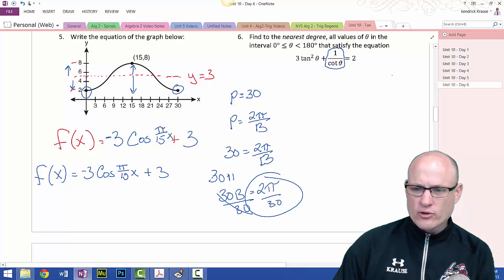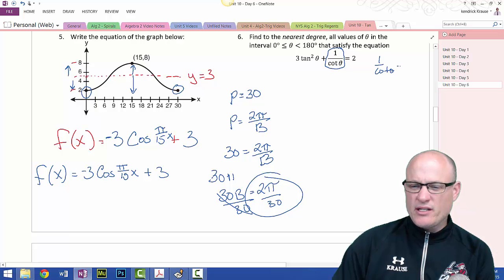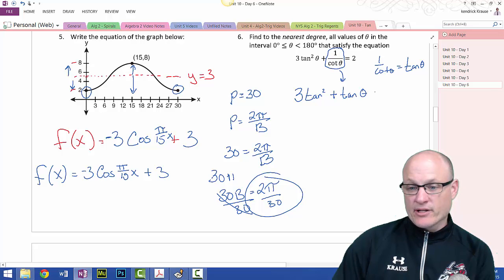Isn't 1 over cotangent theta really equal to tangent of theta? It is. So I've got 3 tangent squared theta plus, this thing just converts to tangent theta. And I'm going to bring the 2 back over, so I get minus 2 equals 0.